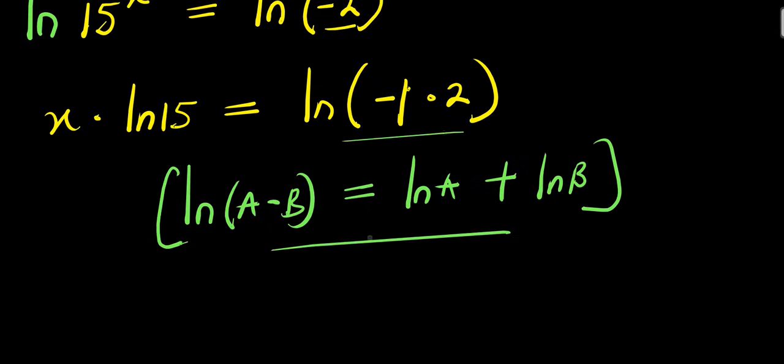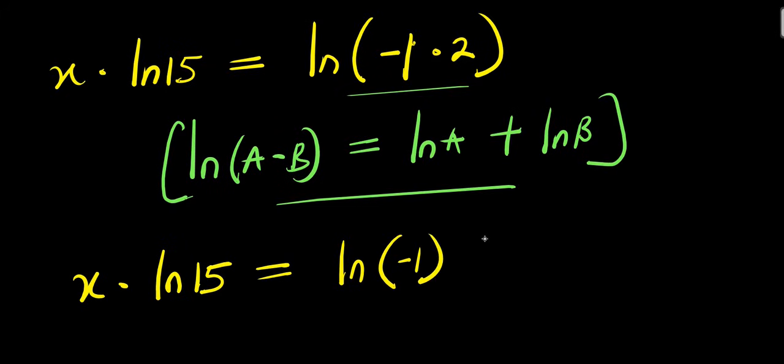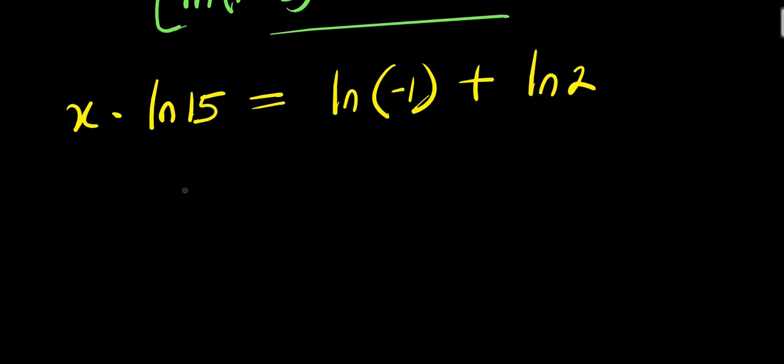Applying this right here, I will have x times natural log 15 equals natural log negative 1 plus natural log 2. So from here, let's consider this identity.